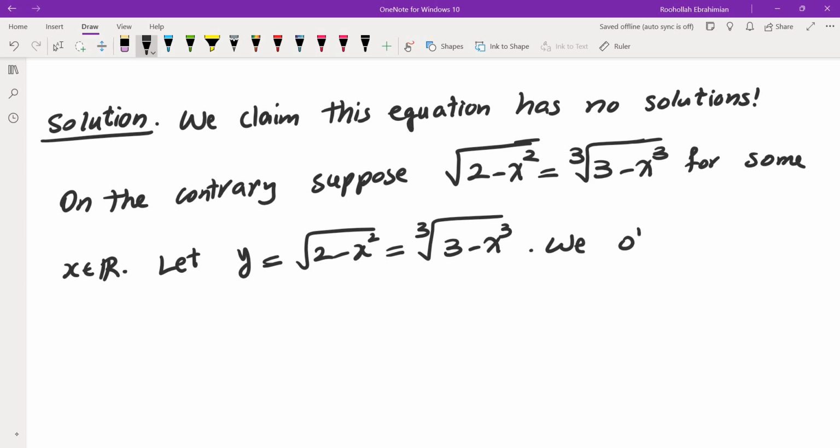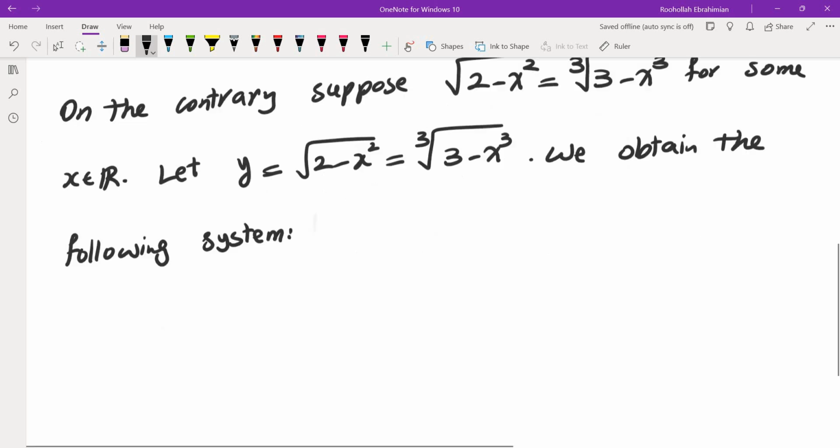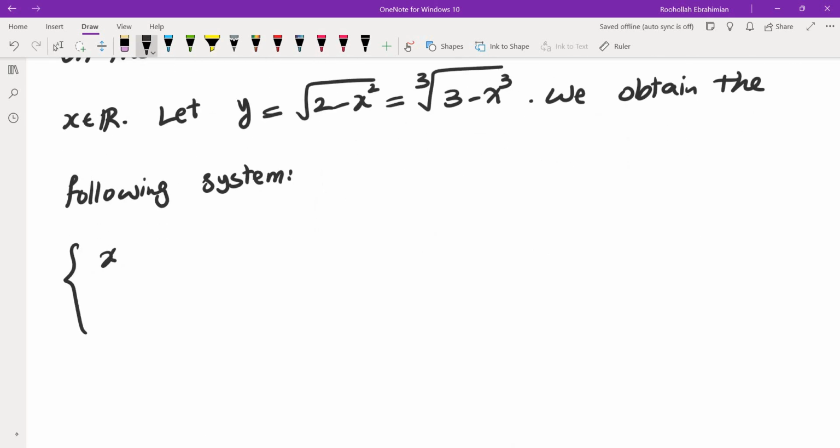So we obtain the following system. Okay, so this gives us a symmetric system. x squared plus y squared equals 2, and x cubed plus y cubed equals 3. Now let's look at the first one.